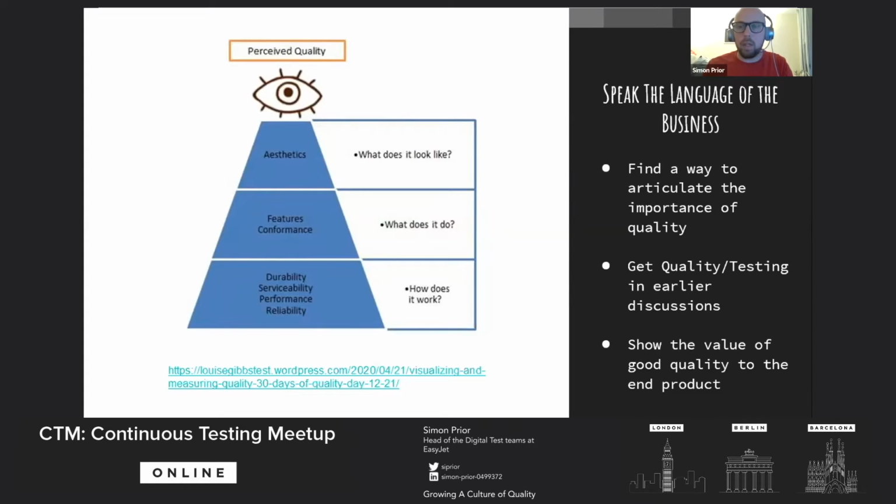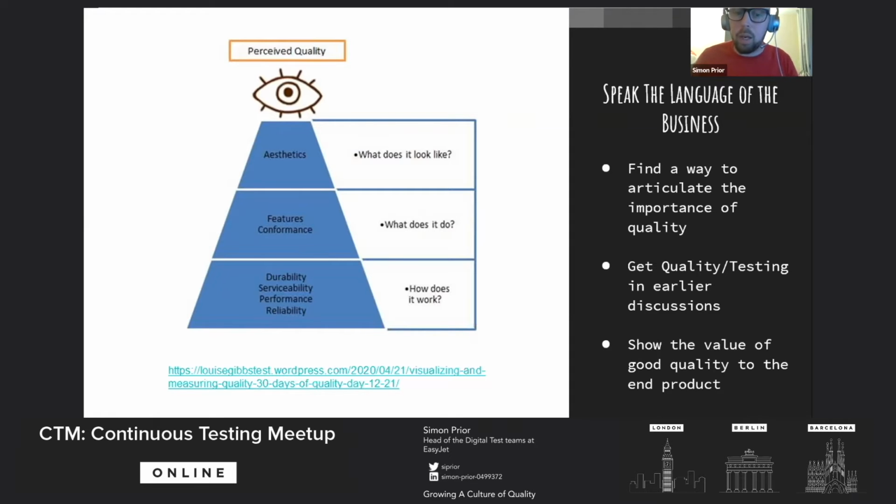So, you know, it's then about speaking the language of the business. So being able to look at quality in a way the business would understand. So, you know, I take the element of working for an airline, particularly the digital space where we're working on the website and stuff. Quality to our stakeholders and our business is, does our website look aesthetically pleasing enough that people are going to want to book tickets through our website?